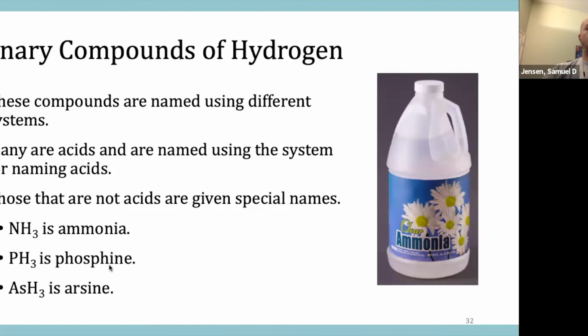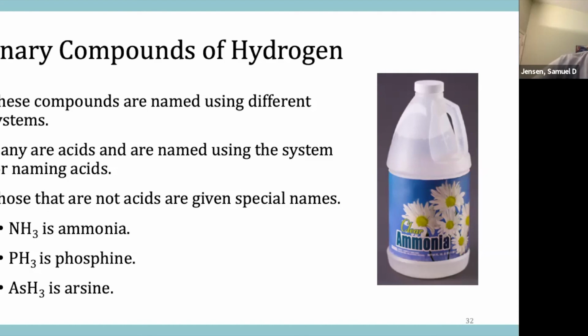Right? Now, there are a few of these where they don't fall into this standard nomenclature. There are a few compounds that have common names, where their name is dominant over the IUPAC nomenclature.